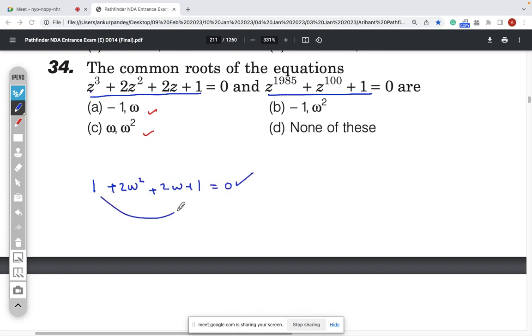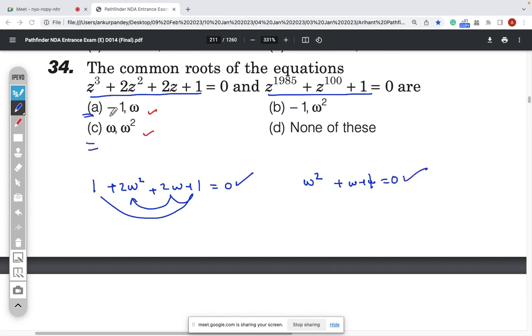Yes or no? 2 plus 2 omega plus 2 omega square is 0. Yes. Either. Oh my god. Is it a multiple of 3? Nah. What is the remainder? 2 omega square plus omega plus 1 is 0. So either alpha or Charlie.